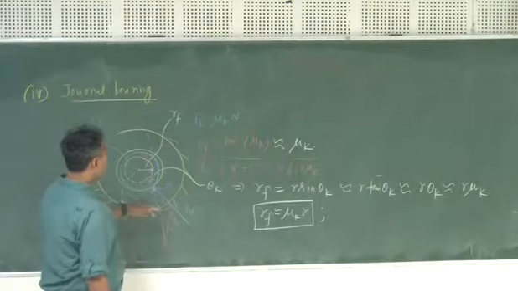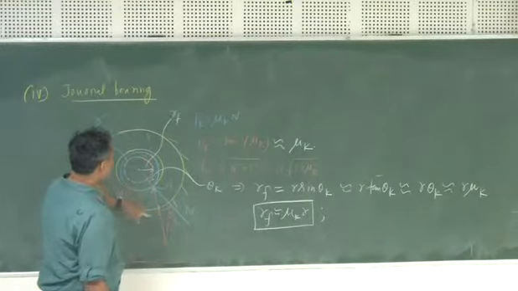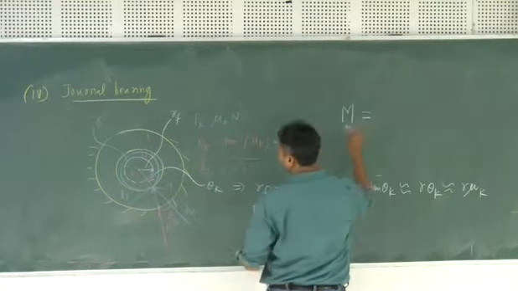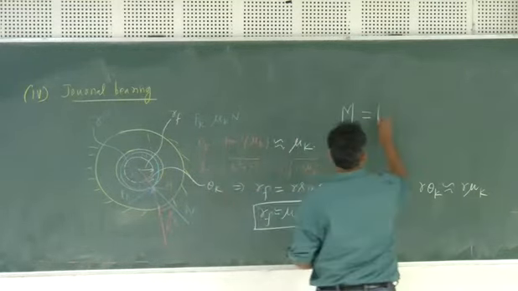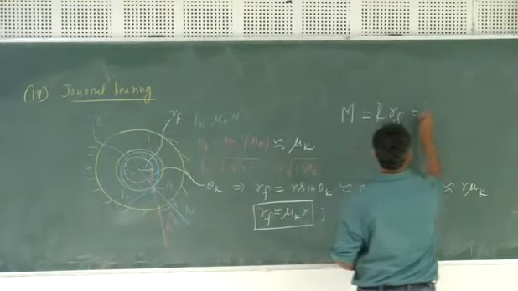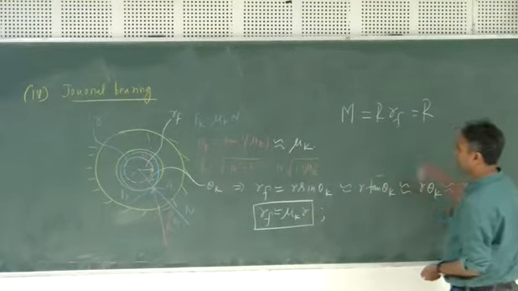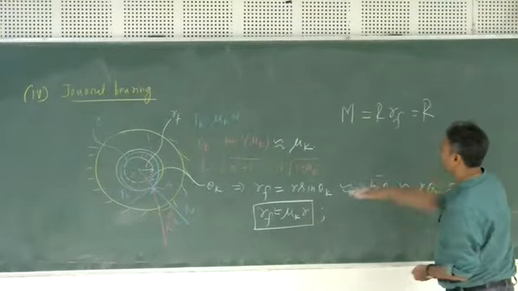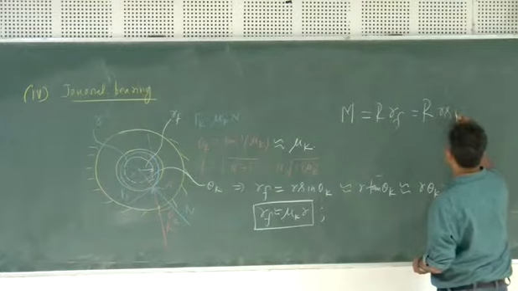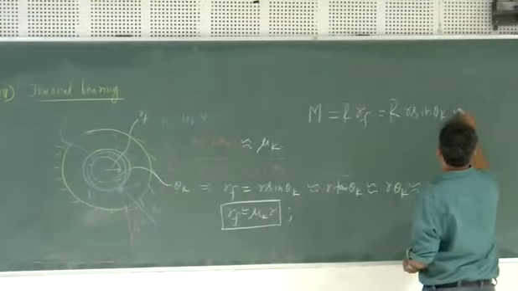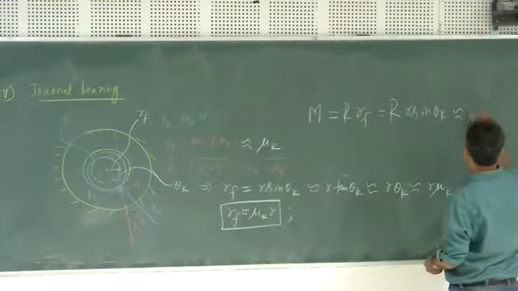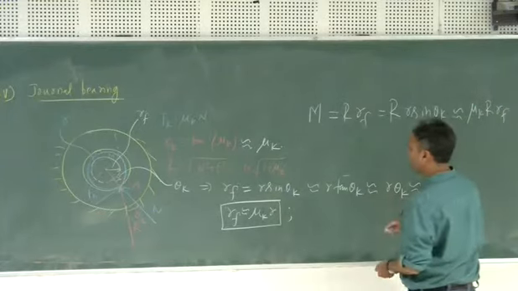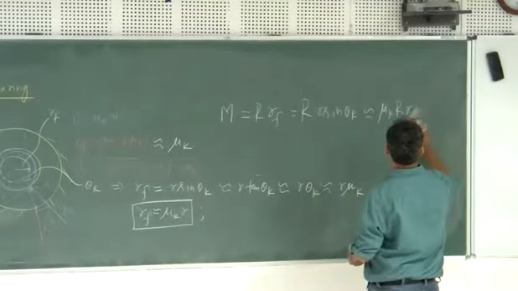So if we have to find the moment M which has to overcome this particular friction, that is nothing but resultant R into RF. But what is RF? RF is your mu k times r, or you can simply take R sine theta k, which is approximately equal to mu k r.